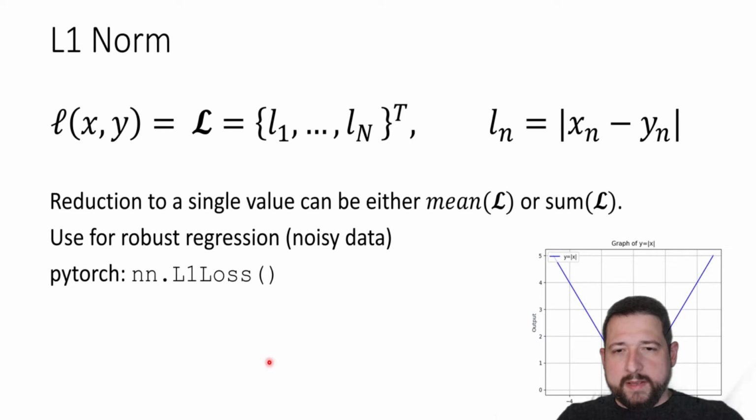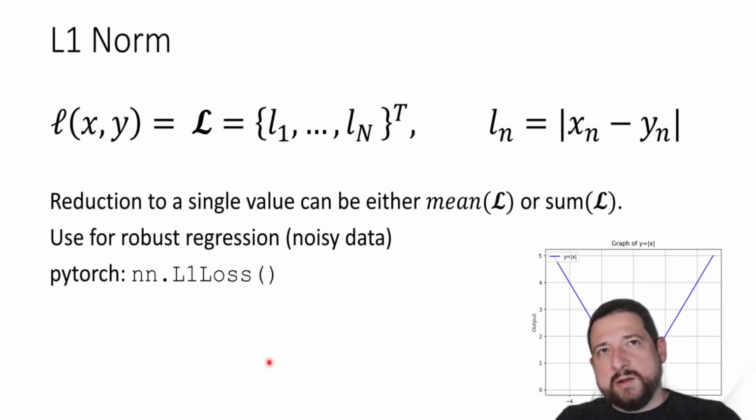Okay, so there's a variant of the mean square error. That mean square error is also known as the L2 norm. Now there's also an L1 norm, which is just the absolute value of the differences.